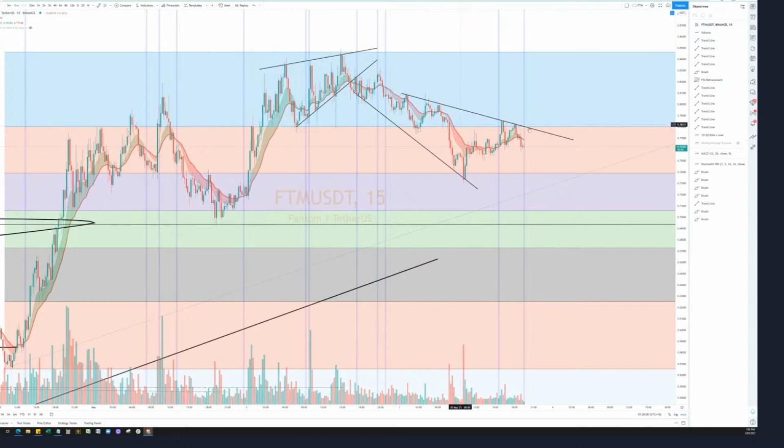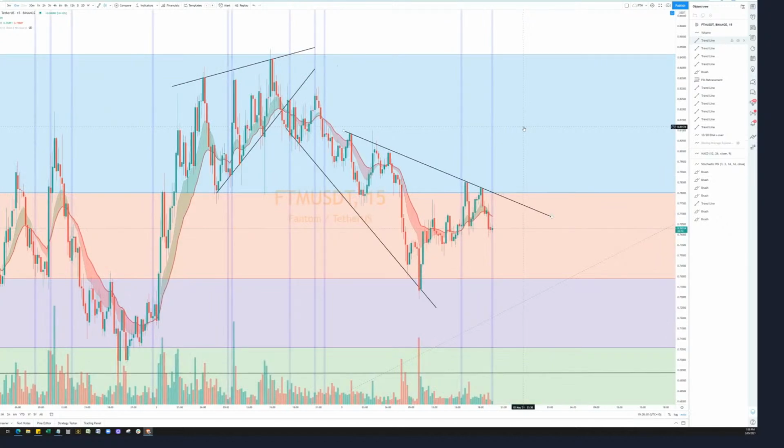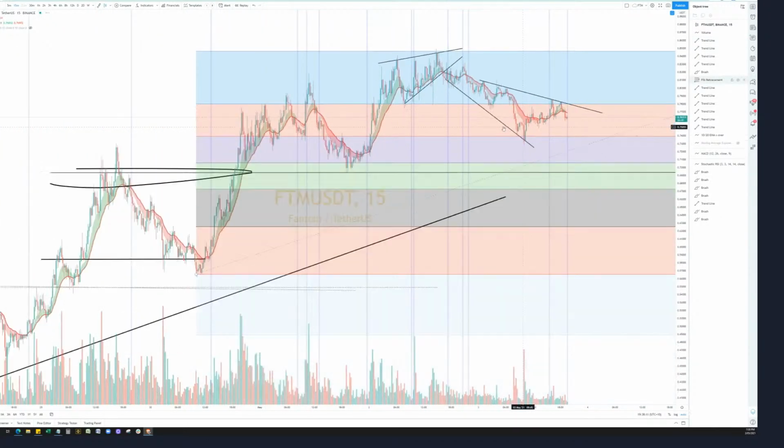So I would like to see it break there, and that will qualify that bullish candle. Hope that makes sense. So sometimes you need to go into the small time frames to find an entry point.